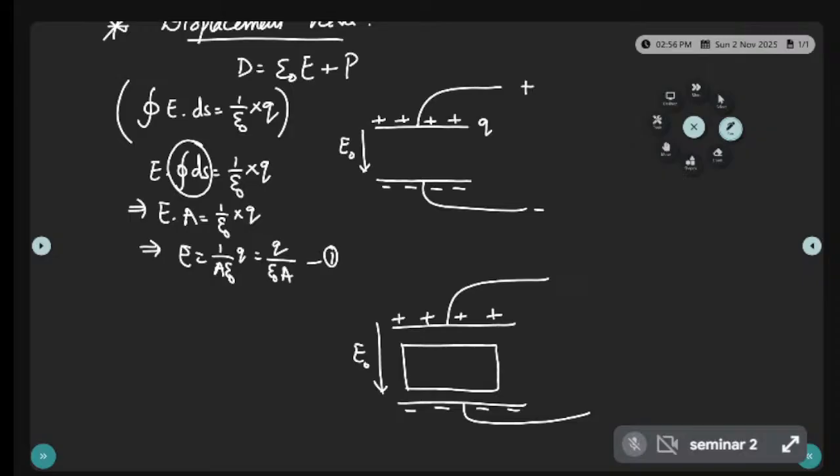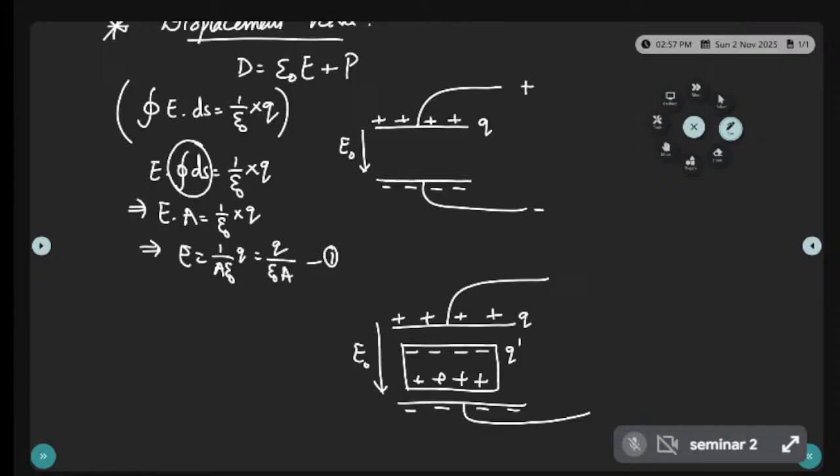On the material, induced charge is going to be present. Plus means minus charge is going to induce here, minus means plus charge is going to induce. The induced charge is Q prime. The charge on the plates is Q and the induced charge is Q prime.